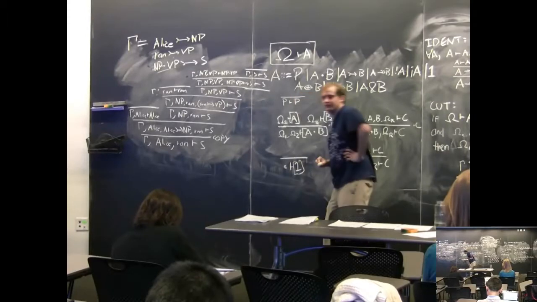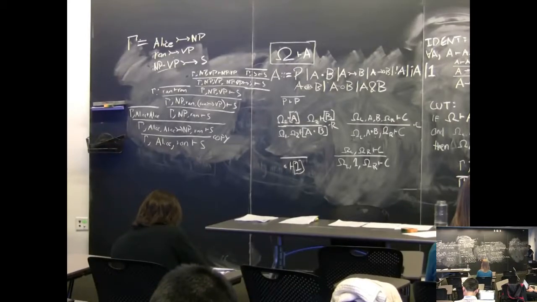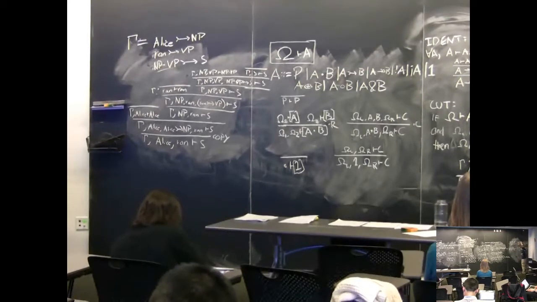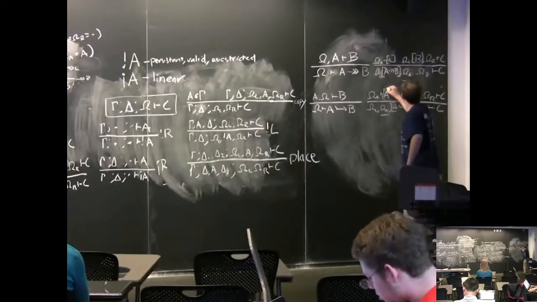For 1, the unit of conjunction, we want that to look like this. Now, what about implication? Way over here. Left. And not this, left.